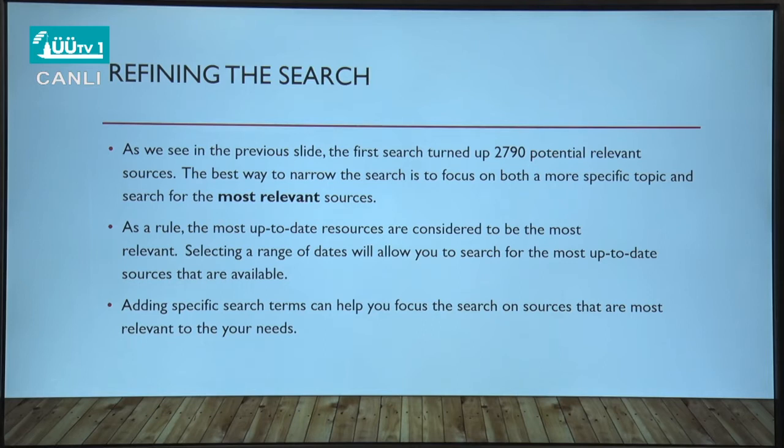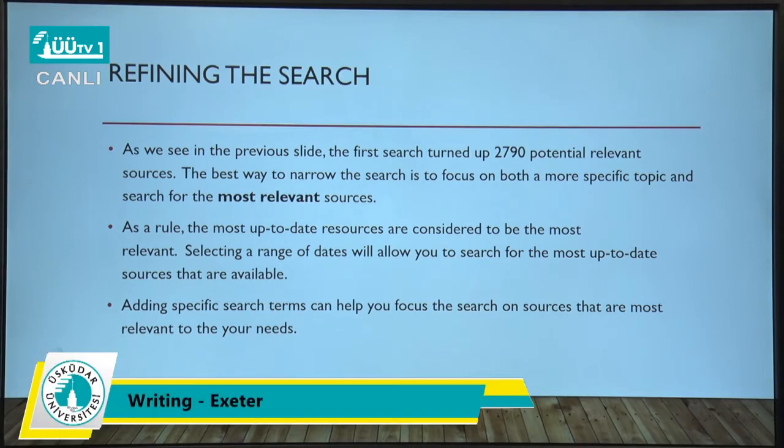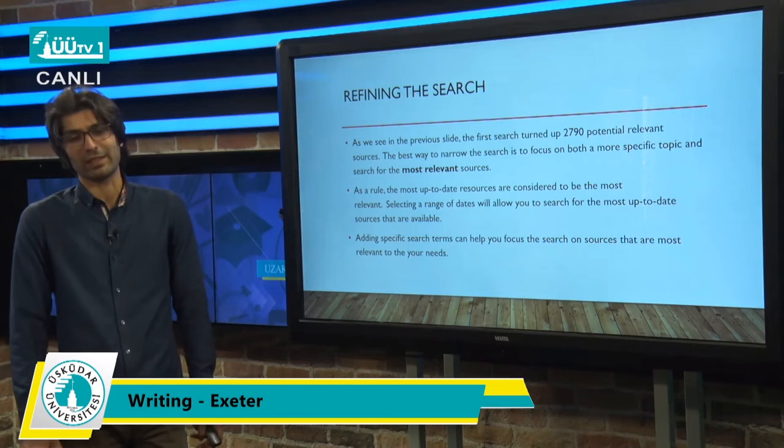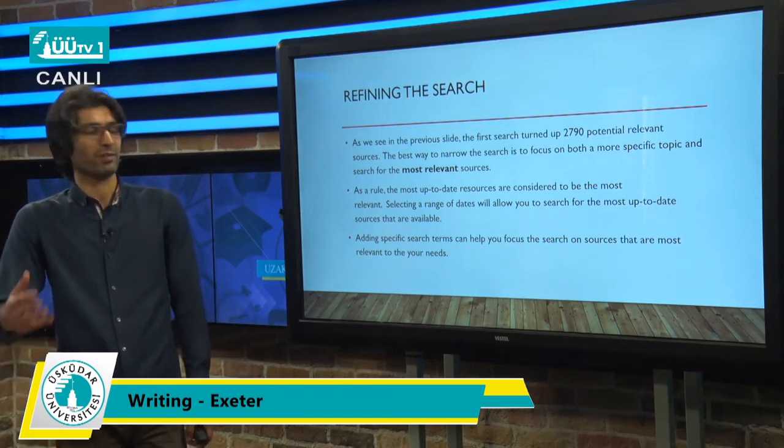And the best way to narrow it down is to focus on a more specific topic or the most relevant ones. And as a rule, normally the most up-to-date sources are considered to be the most relevant. When we have updated ones, it means that they are relevant, okay?